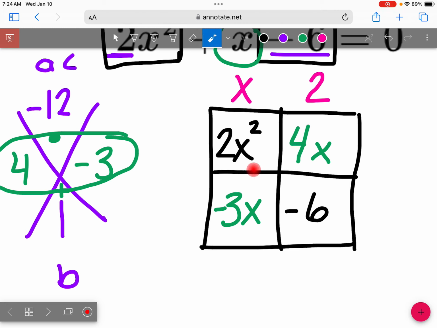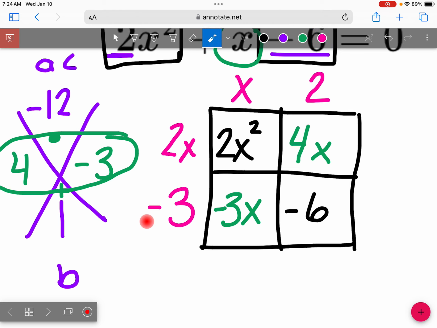What is shared between 2x and 4x? They both have a 2 and an x. And then the last one down here, negative 3 and negative 6. Negative 3.